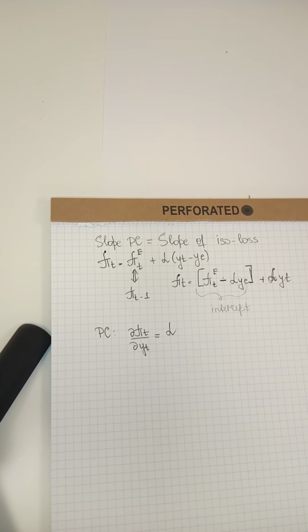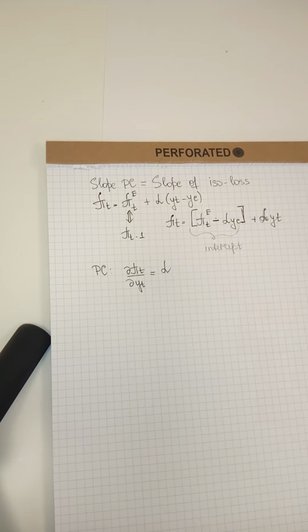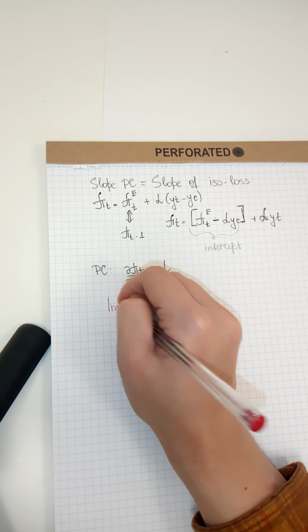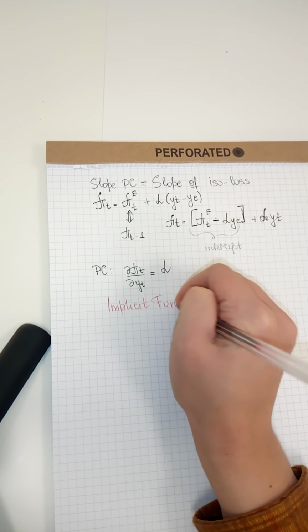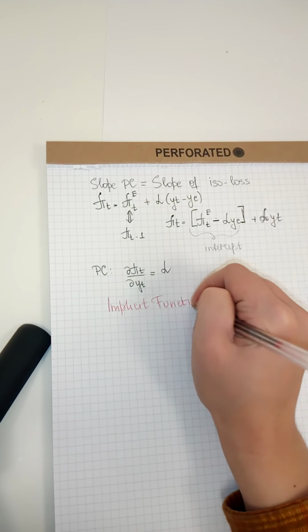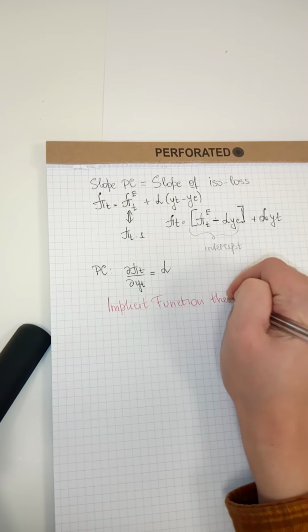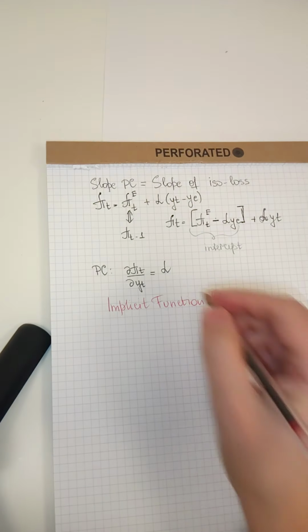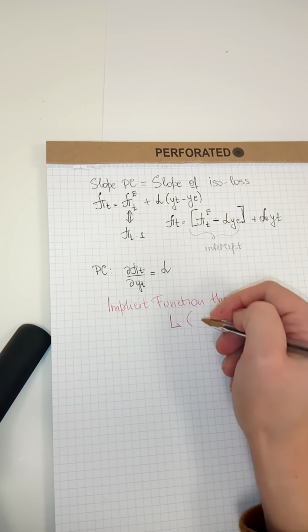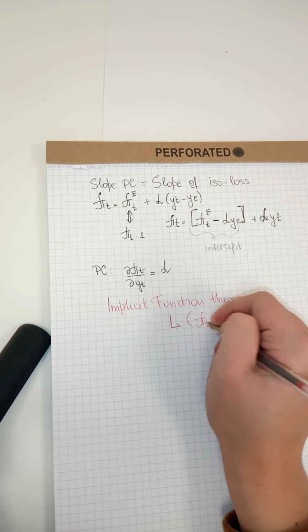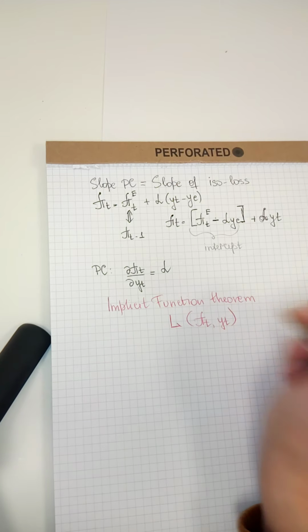Okay, when it comes to the iso-loss curve, it requires more complicated analysis, and in this case we can use the implicit function theorem. As you can recall from the course of math, it implies that here we have the function L of two independent variables, pi t and yt.